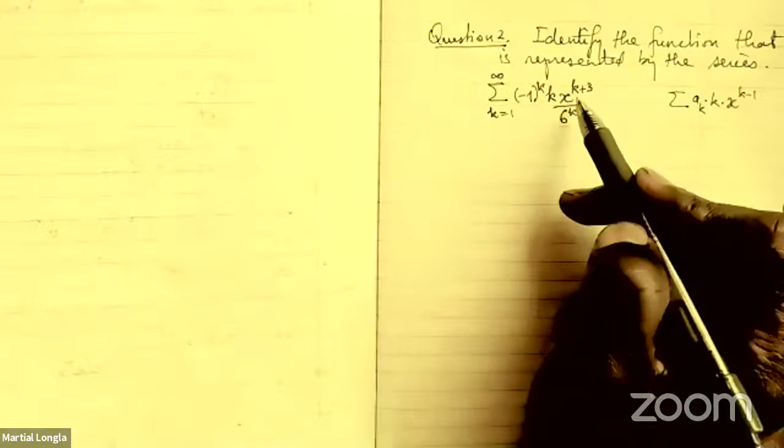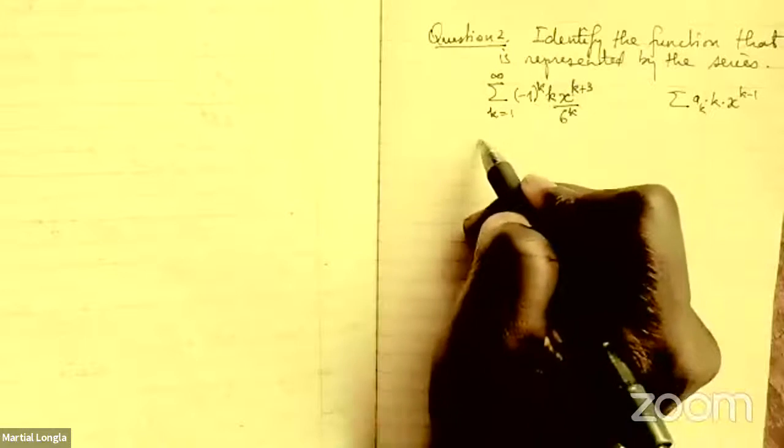So I need to have something to the power k minus 1 to make sure that I am on track for the question, which means instead of power k plus 3 here, I need to get out some of the x's and make sure I keep inside here the power k minus 1. And to do that, that means I need to get out x to the power 4.